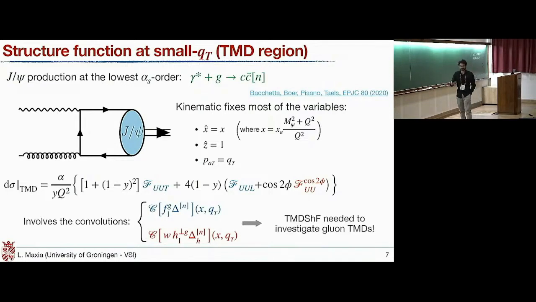So first of all, let me stress this point. That's why we need to investigate such objects, because indeed, if you want to extract information about the gluon distribution, that's, I would say, the most interesting point at the end, you also need to have some information about the TMD shape function. Otherwise, you are not doing the correct operation there.